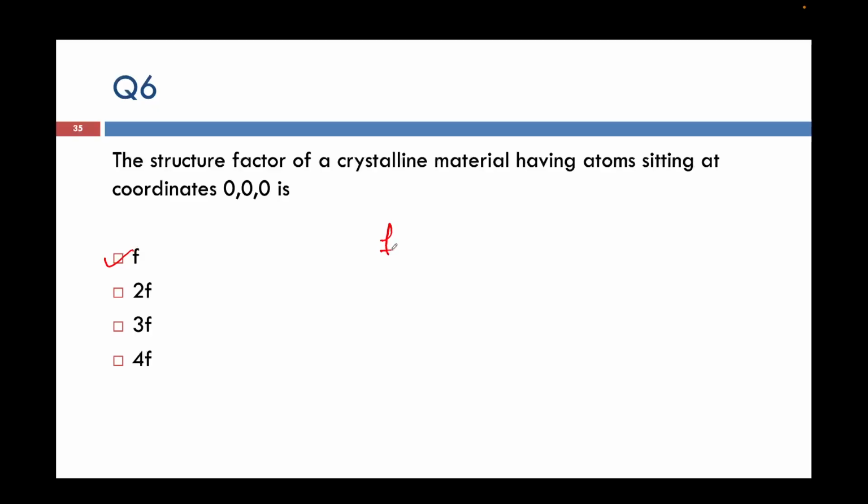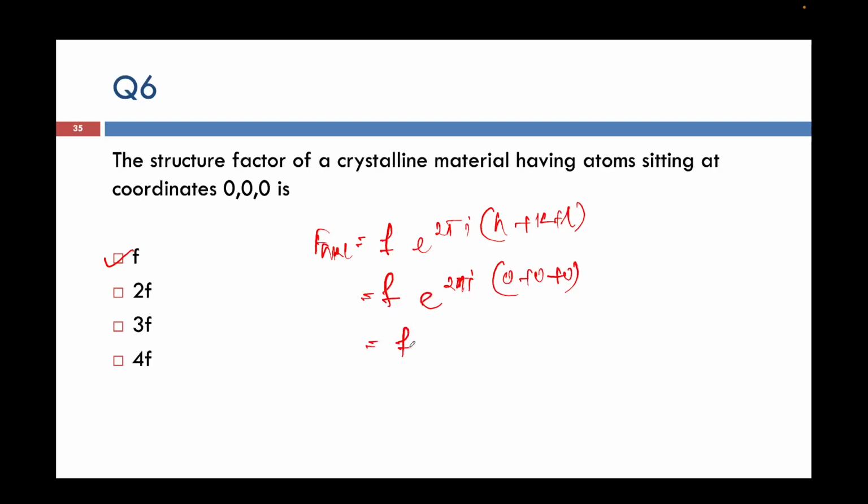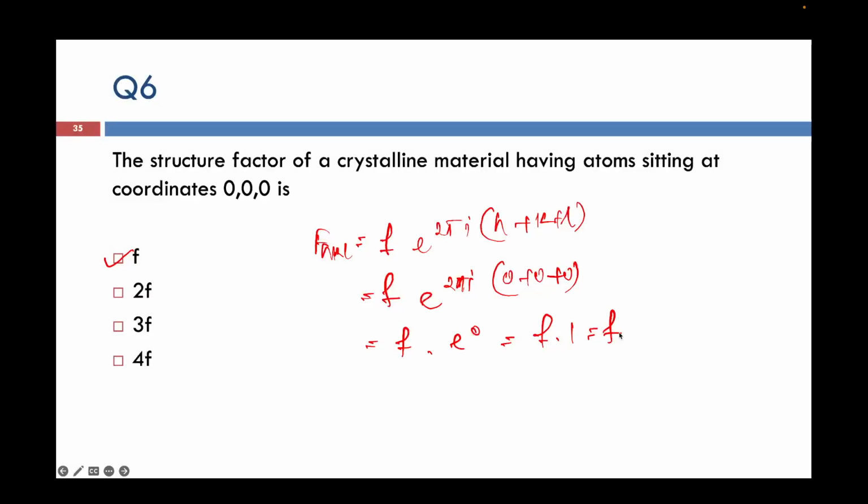So the structure factor is f times e to the power 2 pi i (hu + kv + lw), and with h plus k plus l, 0 plus 0 plus 0, it is f times e to the power 0, which is f times 1, equal to f, right? So this is the correct answer. That completes our questions today.